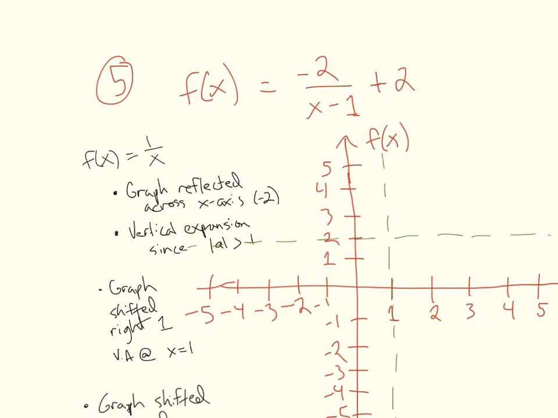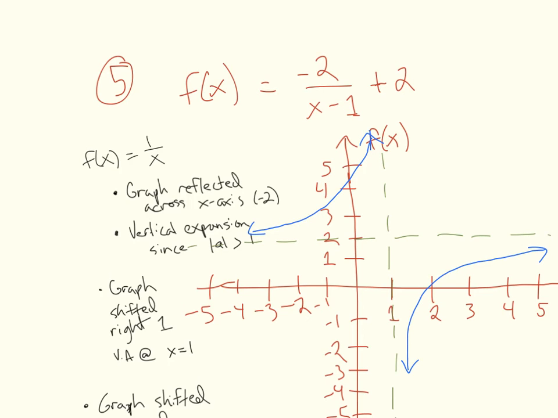So it should instead look like this. That got flipped over that line, and then up here we can also flip it through. Okay. And this is a good sketch of our function, f of x equals negative 2 over x minus 1, plus 2.